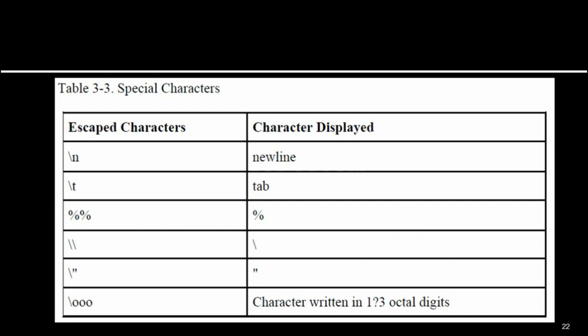Backslash n represents the new line, backslash t represents the tab, percent percent is displayed as a percent sign, and double backslash is considered a single backslash. Then a quotation mark and a character given as octal digits. These are the different special characters used with strings.